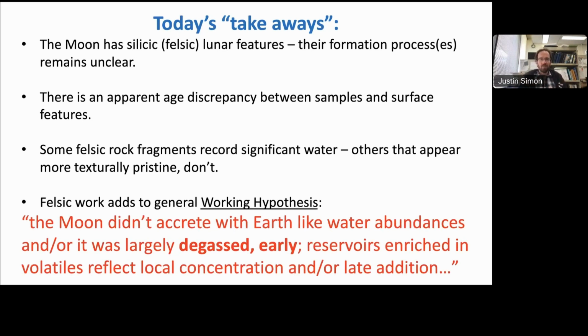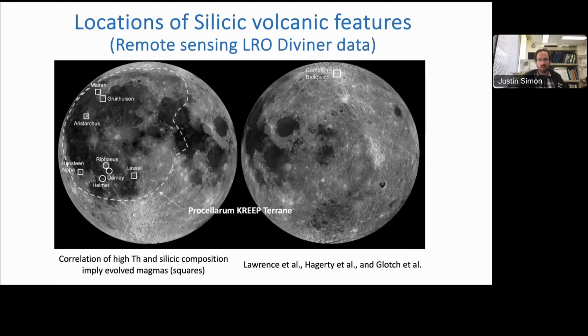We're testing this, but that is basically that the moon didn't accrete with Earth-like water abundances, and if it did, it was largely degassed early on. And I know others have made that point as well. There are reservoirs that are enriched in volatiles, and these must reflect local concentration or late addition. And I'm going to focus a little bit on those two themes in this talk.